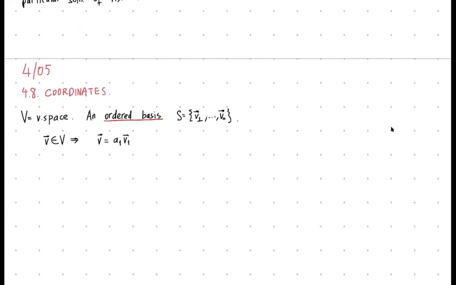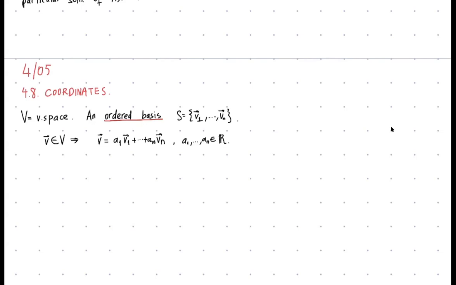So we can write it like this. Here, a1 to an are scalars, or in other terms, real numbers, because for us, scalars always mean real numbers.